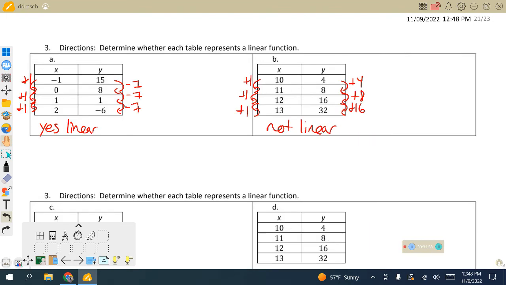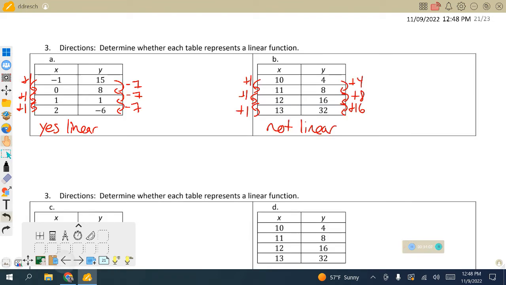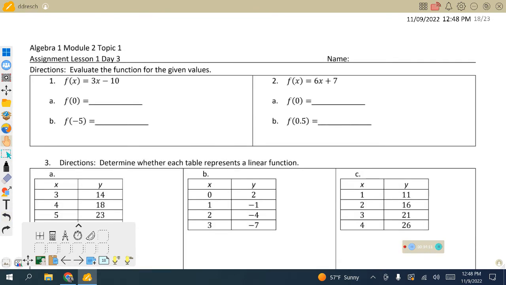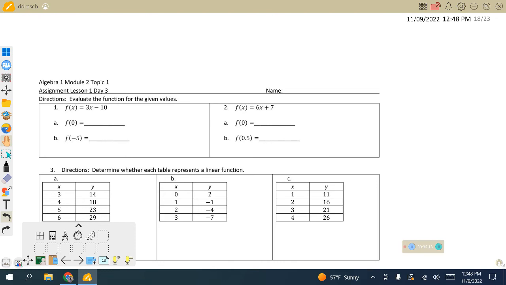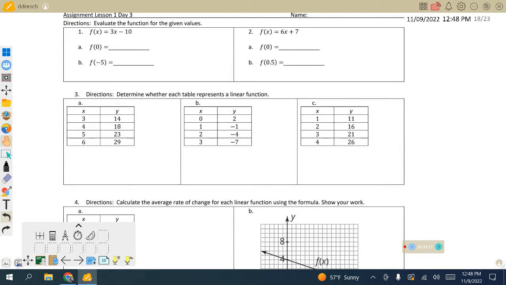Give you guys some time to get ready to work here. But on this assignment here, alright, let's take a look. So as we get going here, this is our mini quiz for Monday, okay?